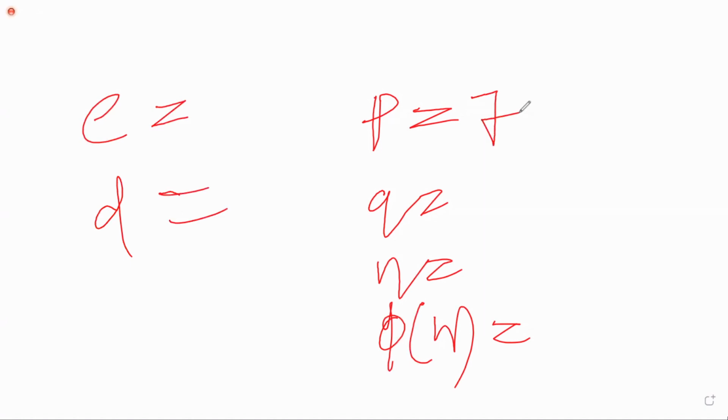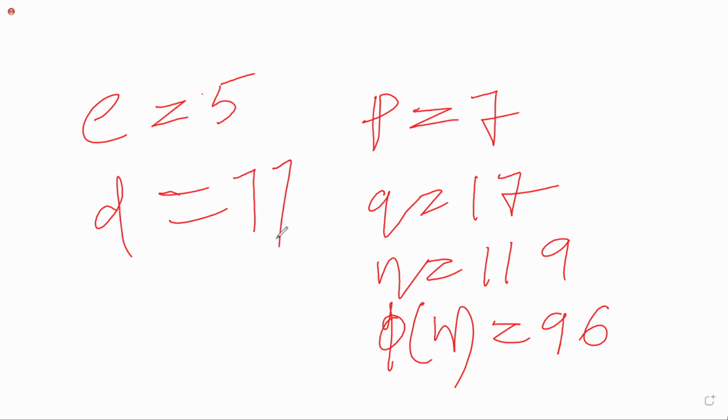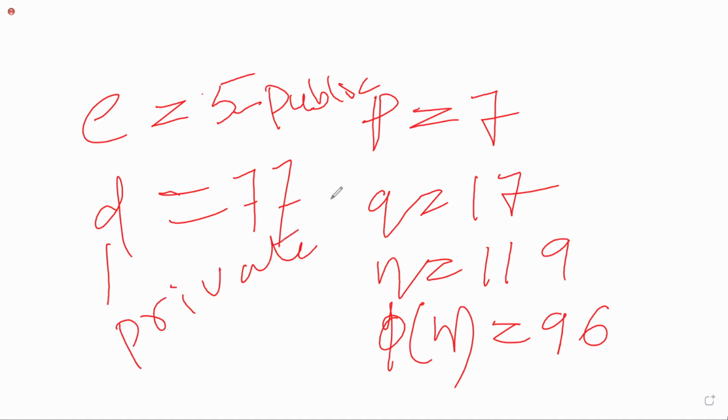P is the prime number 7, Q is 17, N is 119, phi of n is 96, E is 5, and D is 77. So this is the set of key values. In this, E is called the public key and D is the private key.